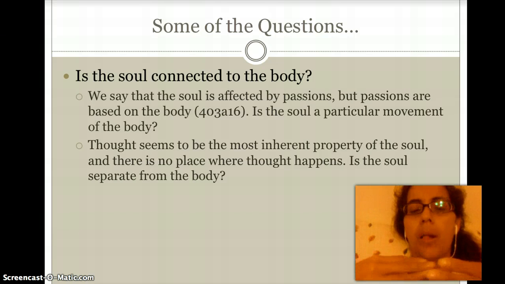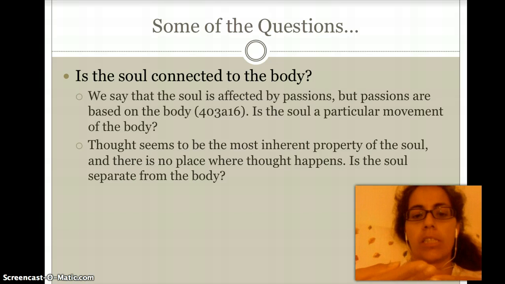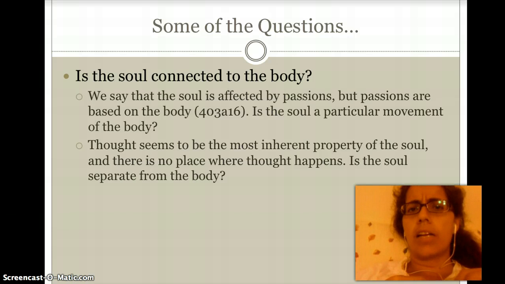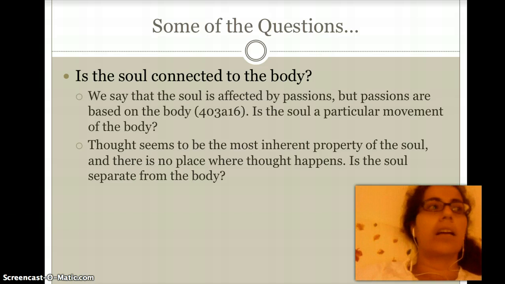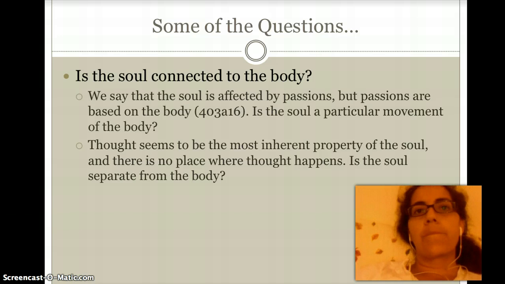be moved. For Aristotle, in order to understand this, he did a huge study comparing what we mean by perceiving and what we mean by intellectual forces that affect the soul.